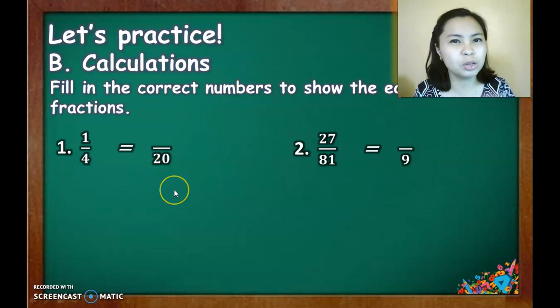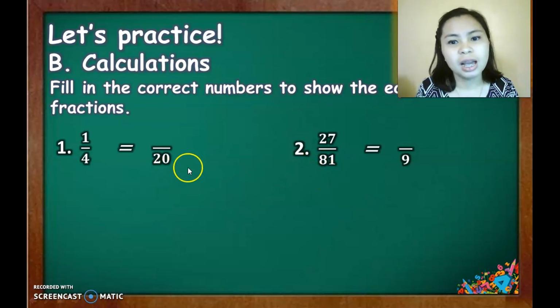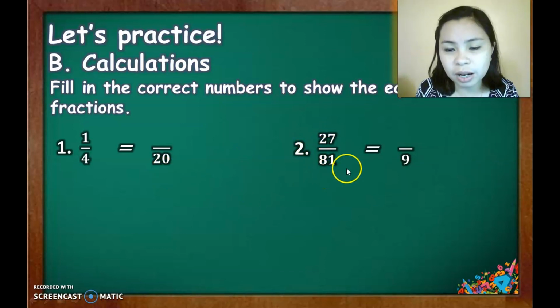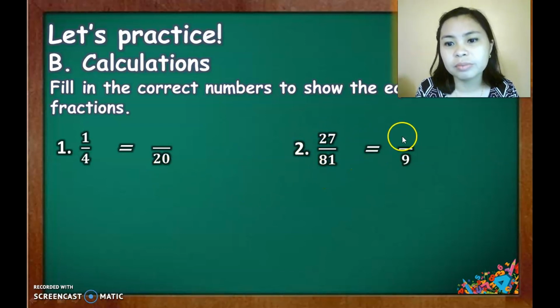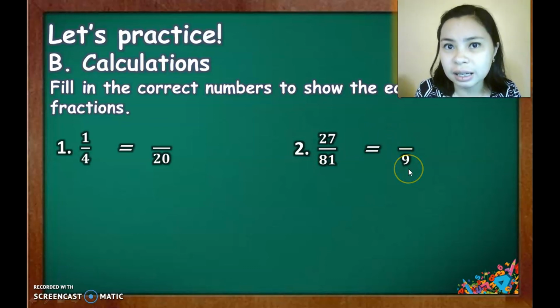Are you going to multiply or divide? Show it in your working and show also your final answer. And number 2, we have 27 over 81 is equal to a blank numerator over 9.